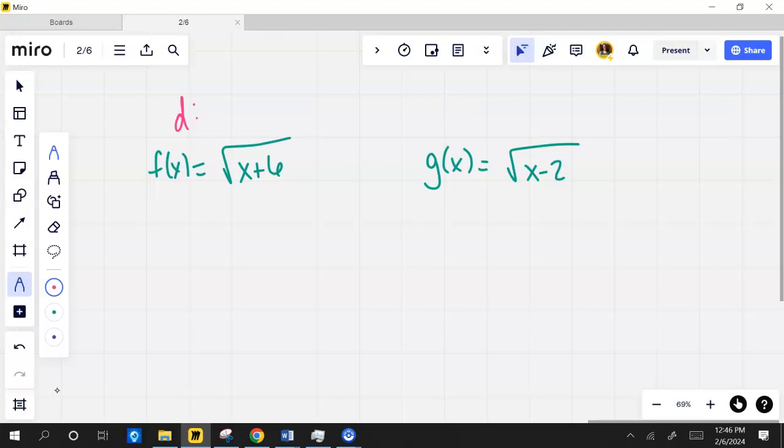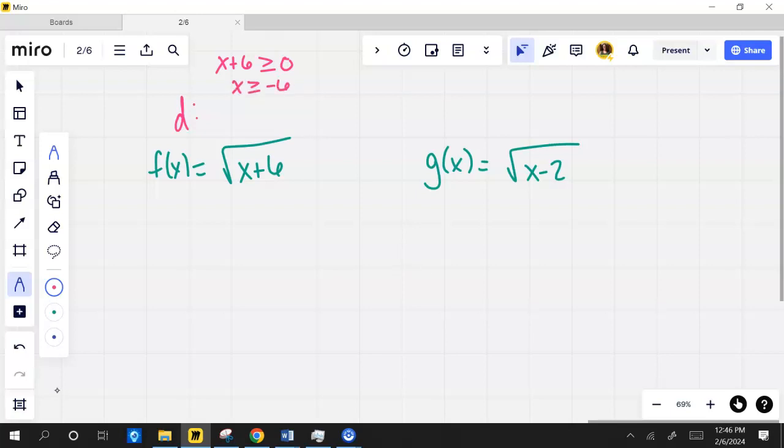What's my restriction though with radicals? It can't be negative. So that means I need x plus 6 to be bigger than or equal to 0. Do you agree? That means x has got to be bigger than or equal to -6.